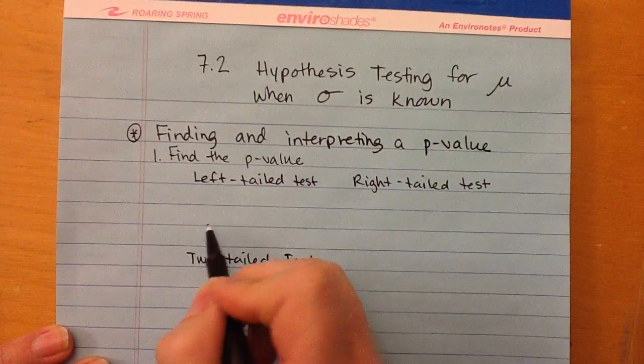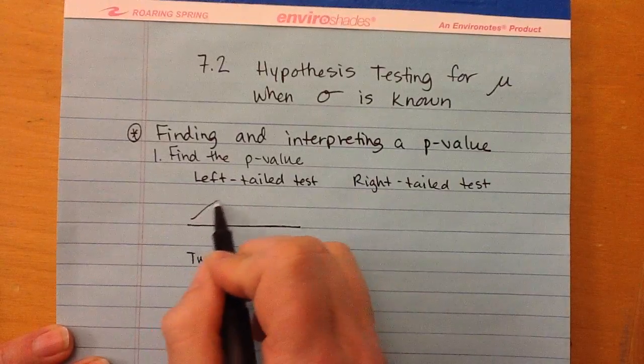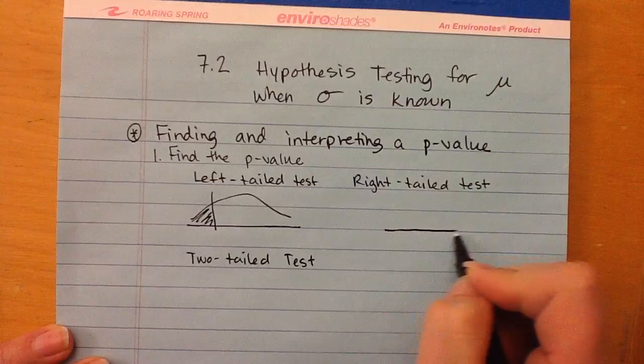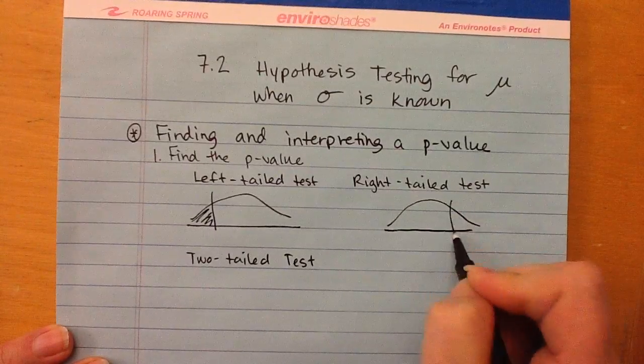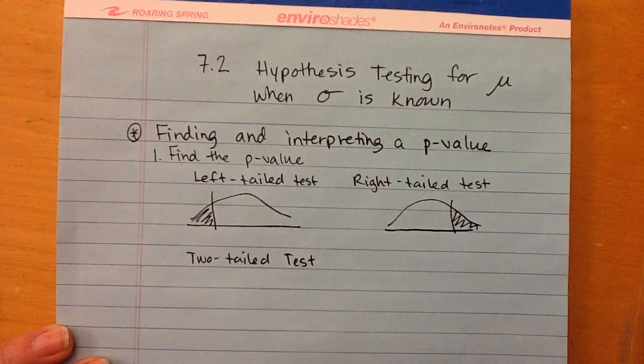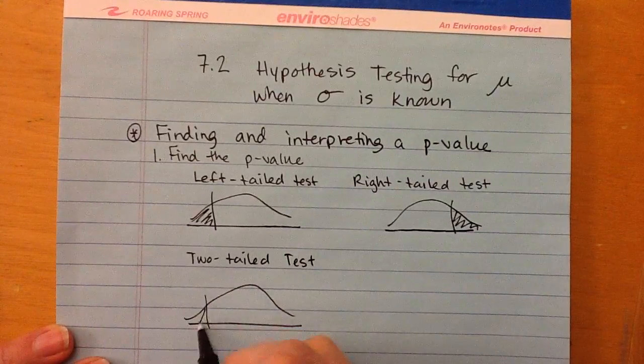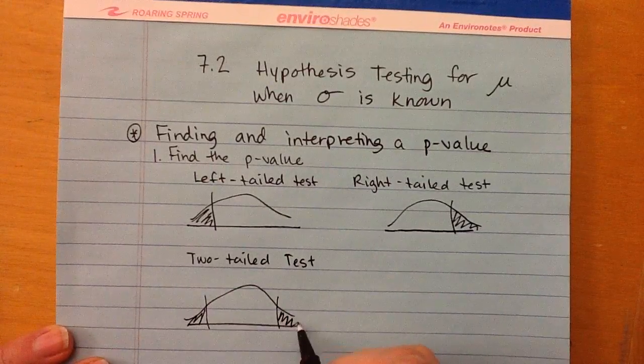Remember that a left-tailed test is shaded to the left, a right-tailed test is shaded to the right, and a two-tailed test is shaded on both ends.